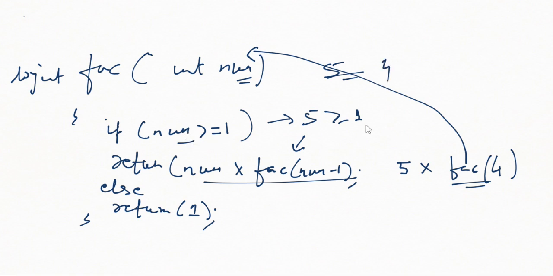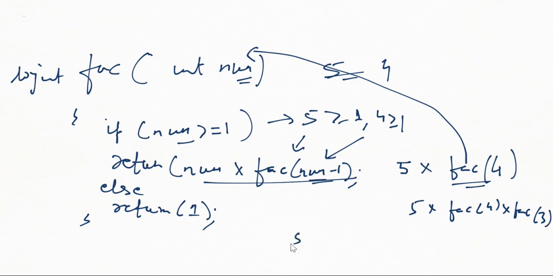It again comes over here. It checks 4 is greater than or equal to 1, and it goes again into the return statement. And what happens this time? 5 multiplied by factorial of 4, multiplied by factorial of, what is this, num minus 1 this time? Factorial of 3.